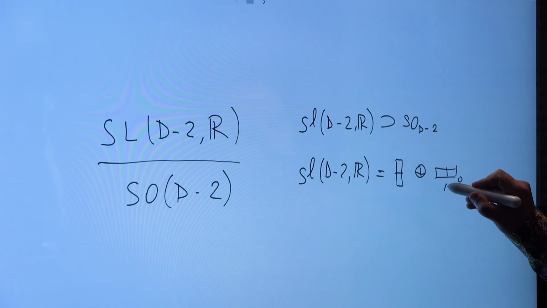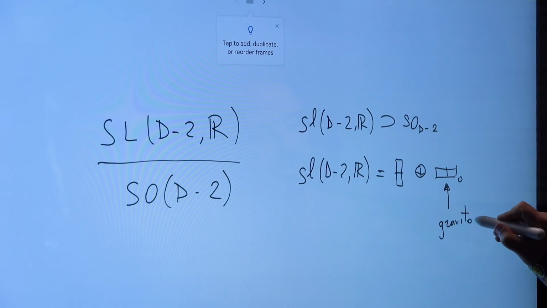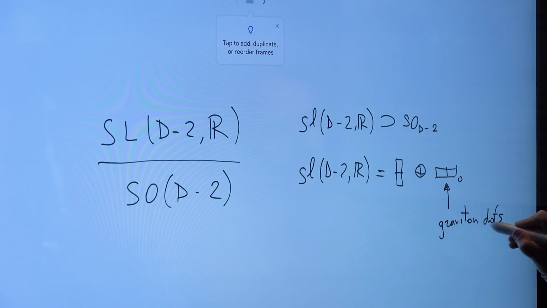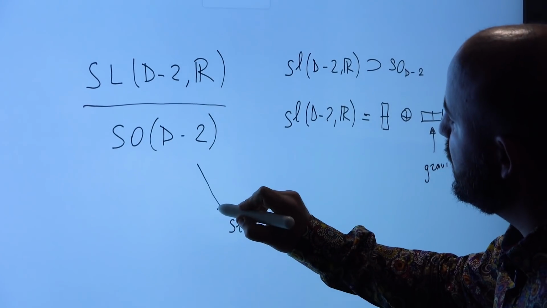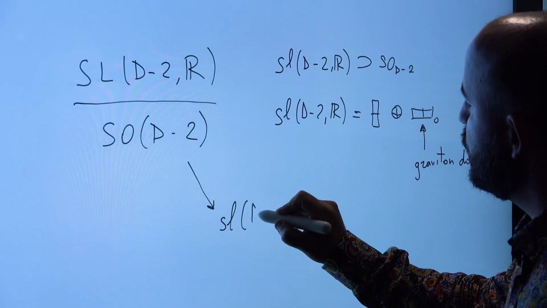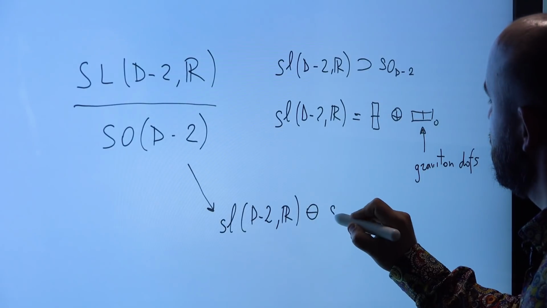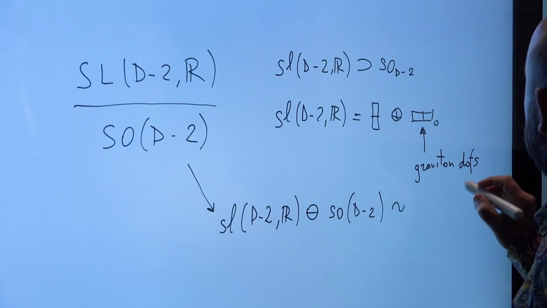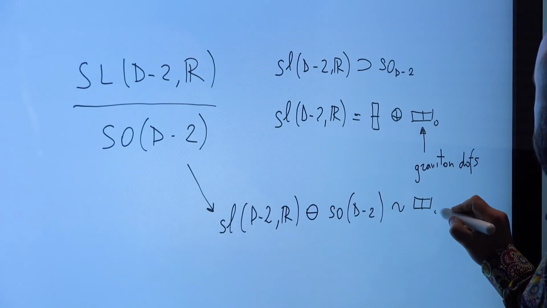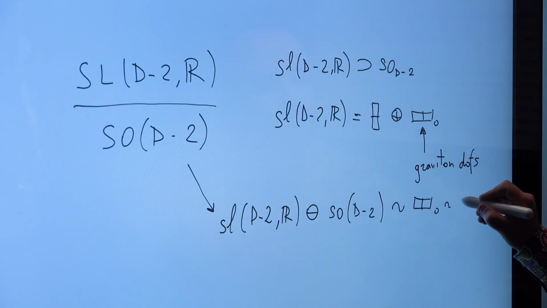And so this is essentially the graviton. These are the graviton degrees of freedom. At the level of the algebra, we can write the coset algebra like this. The generators of this coset are given by this representation of SO(d-2), and this is the graviton.